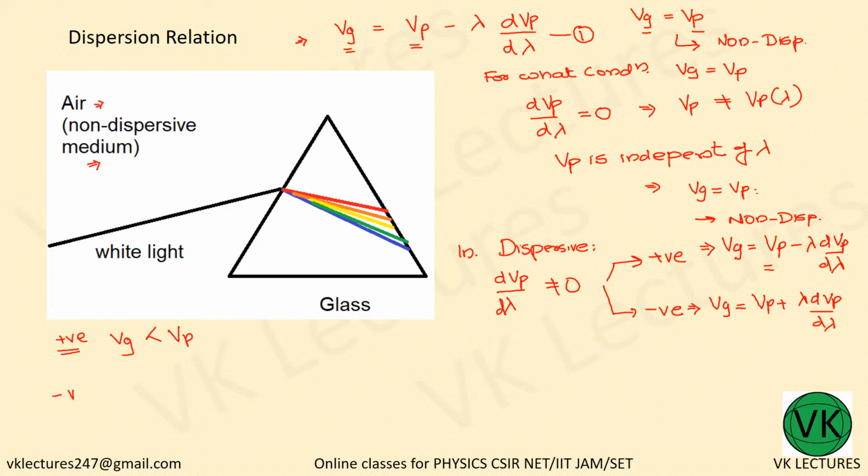For a negative quantity, Vg is Vp plus something, so Vp will always be less, so Vg is greater than Vp.